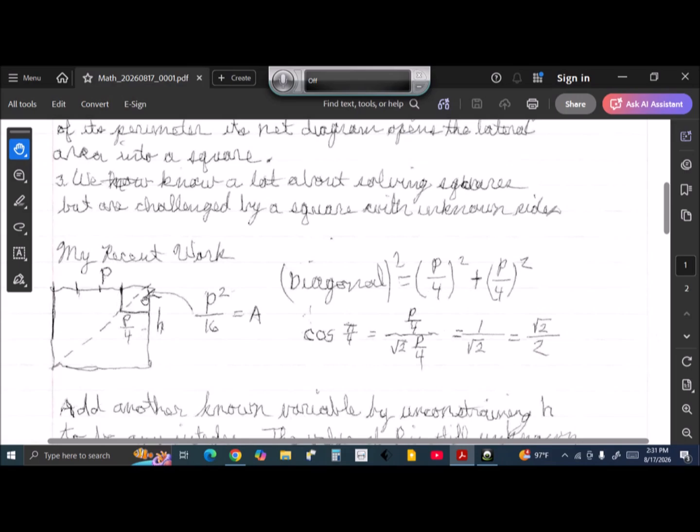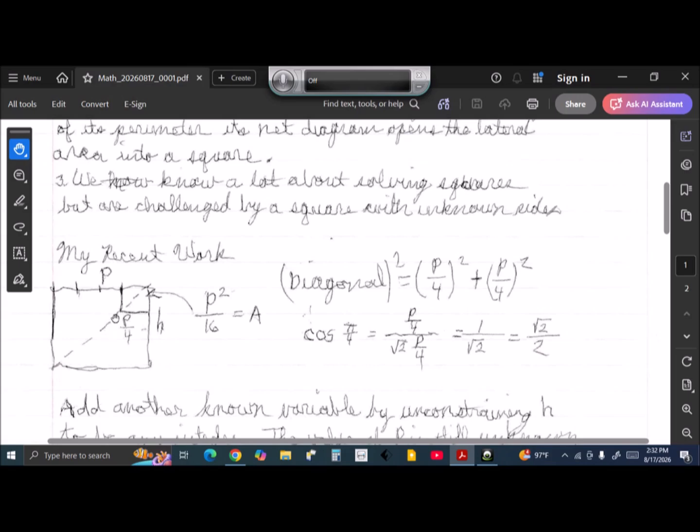and if we wanted to find the length of the diagonal of the lateral side of the elliptical cylinder, the diagonal squared would equal (p over 4) squared plus (p over 4) squared. This would be the Pythagorean relationship between the diagonals and the sides of a square, or a triangle if we want to look at half of that square. And also we have some angles that will appear.